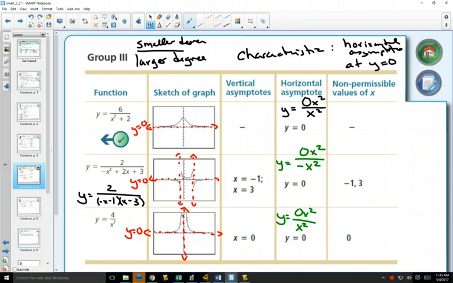And so the bottom factors nicely. That tells us our non-permissible values are negative 1 and 3. That's why we have vertical asymptotes at x equals 3 and x equals negative 1.